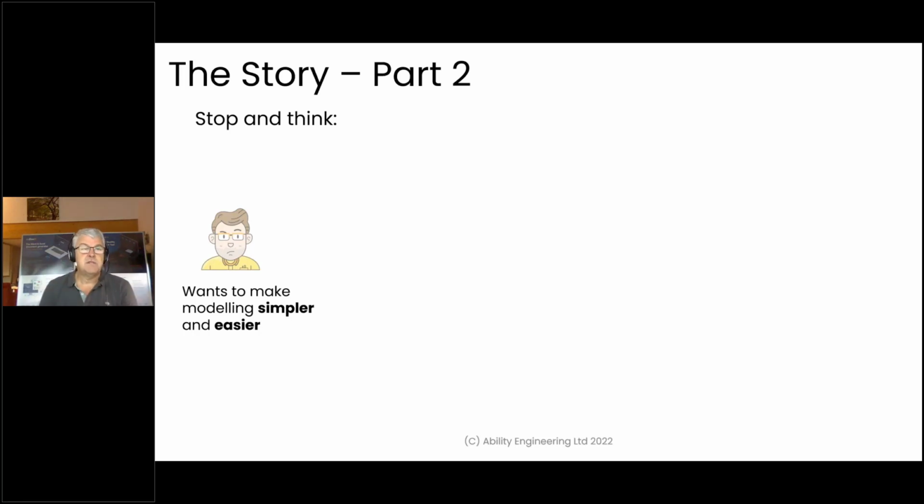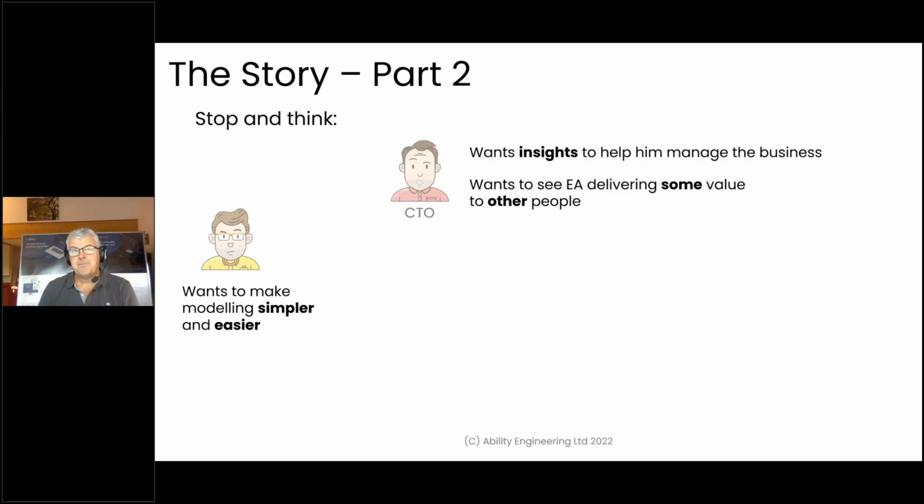So this is what the modeling team had realized, absolutely, they have to make this thing simpler to do because it's just taking too long. The CTO, on the other hand, was still hanging out for, I want to know how to manage my business better, please. I need these kinds of insights, these funky diagrams that tell him everything about everything.